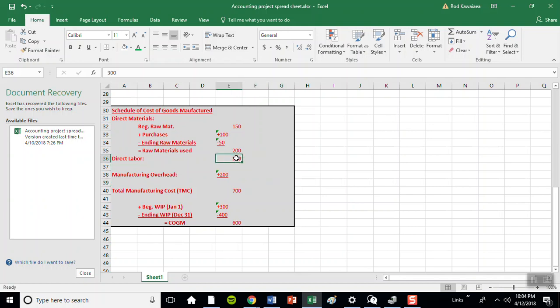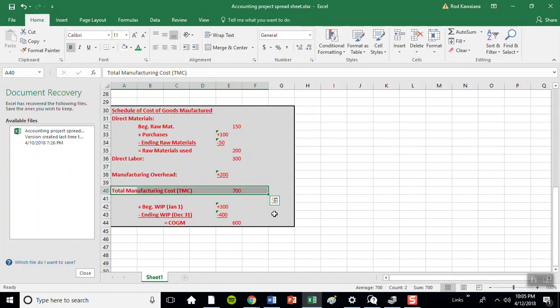And we'll also add to that manufacturing overhead. We'll call it another $200. So we add all those up, our raw materials used, our direct labor, and our manufacturing overhead, and we get our total manufacturing cost of 700 bucks.